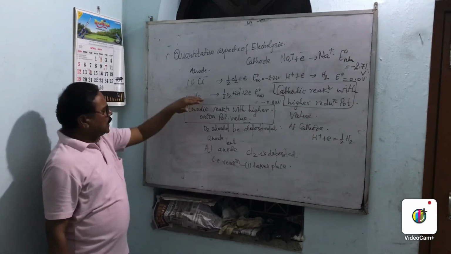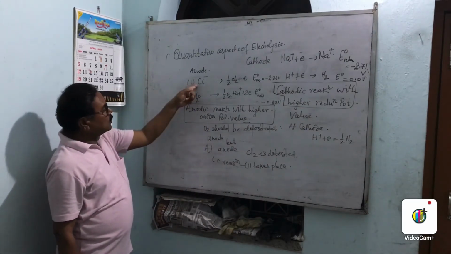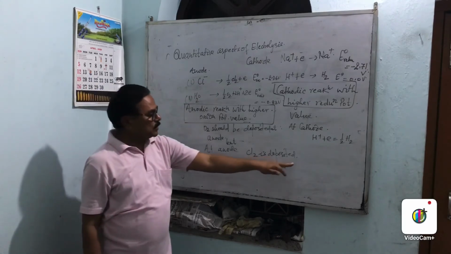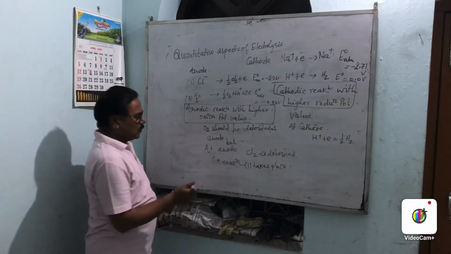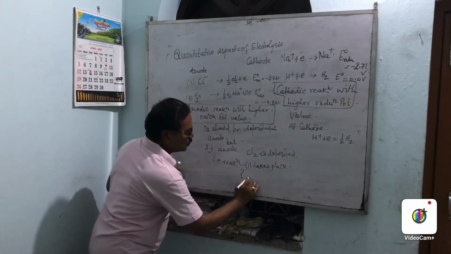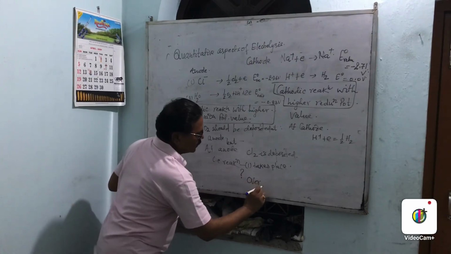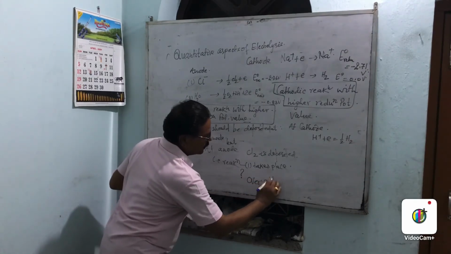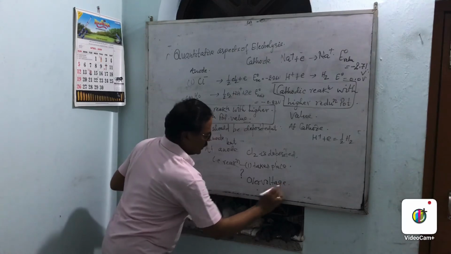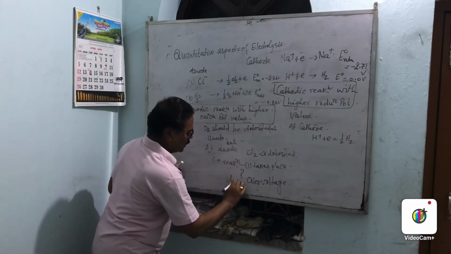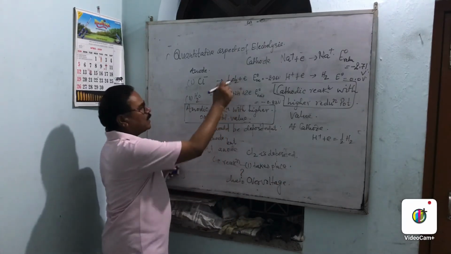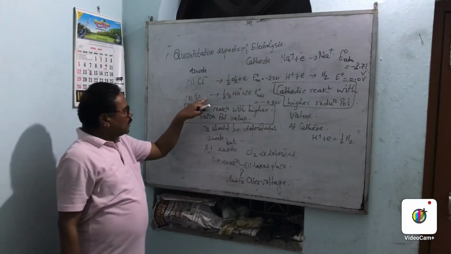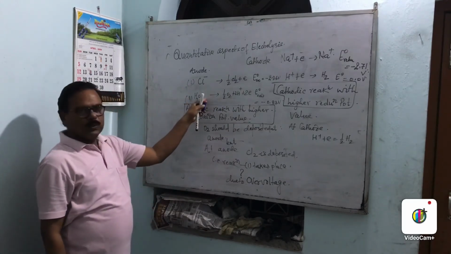Now here, reaction 1 means chlorine is deposited. Now the question: why is it deposited? Due to overvoltage. The reaction 1 takes place in preference to 2.